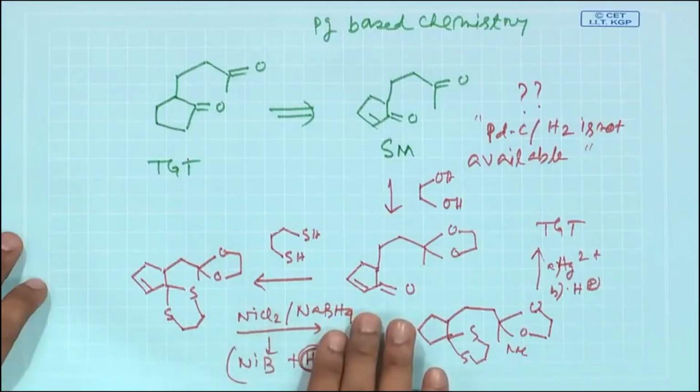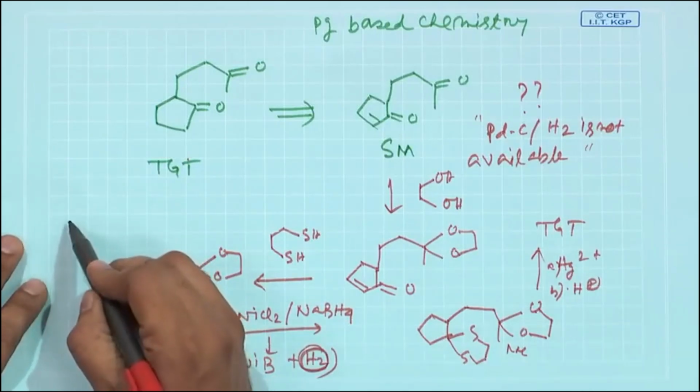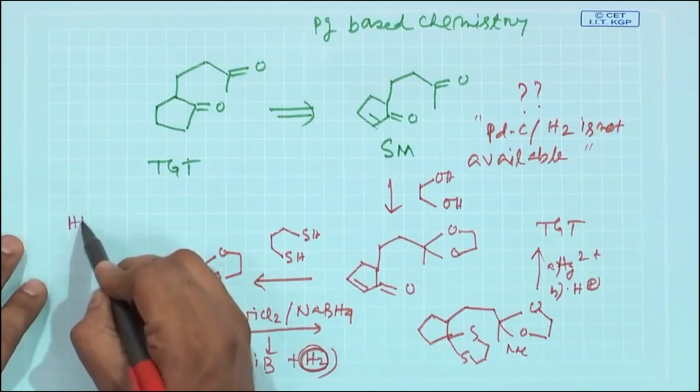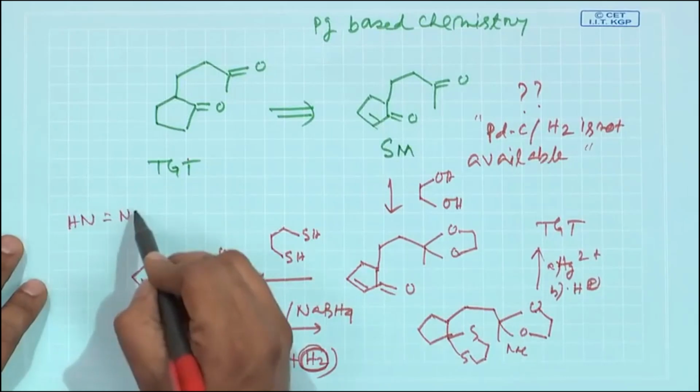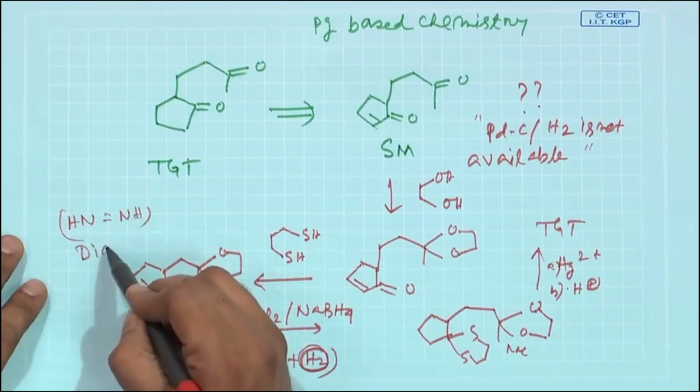The point is, if you do not have palladium charcoal and hydrogen, we have alternatives. You can use the nickel chloride, sodium borohydride system, which gives you hydrogen. There are other ways also. You can reduce this compound through diimide reduction. This is also a source of hydrogen.